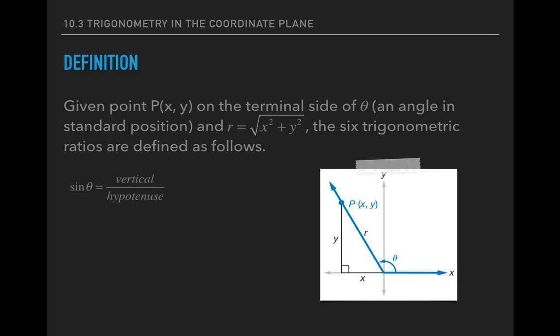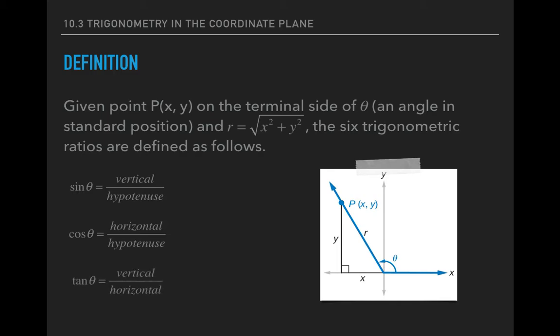Well, sine would be the vertical component because that would be opposite of your theta over the hypotenuse, which in this case would be your y over your r. Cosine would be that horizontal component of that little angle there. So that would be right next to, that would be your x value over your hypotenuse.